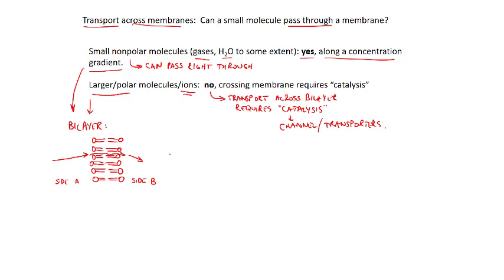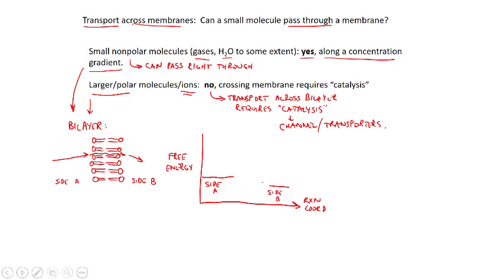So if you were to draw a free energy diagram for this process, what would it look like? Let's say we are going to draw the free energy diagram as a function of our reaction coordinate, and our reaction coordinate in this case is our solute on side A and our solute on side B. So let's say that transport in the direction of side A to side B is energetically favorable, so that side B is lower in free energy.